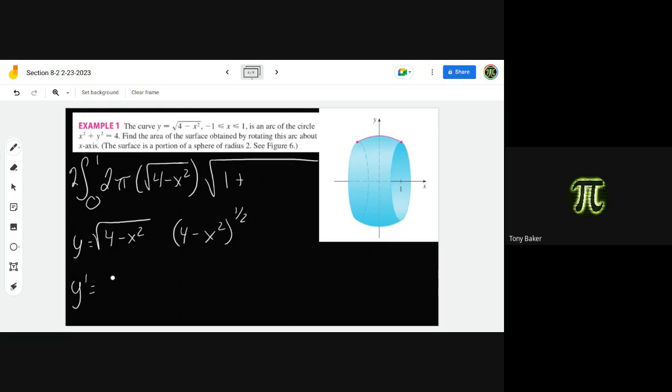I bring down the 1/2, and then 4 minus x squared to the -1/2 power, and then the derivative of the inside is -2x. So this will be negative x over the square root of 4 minus x squared.